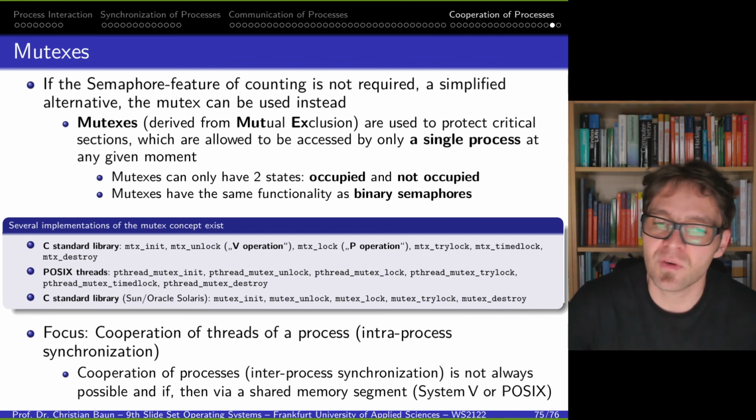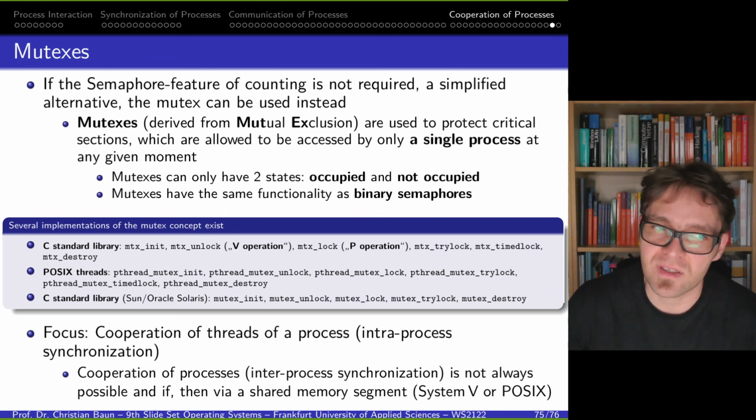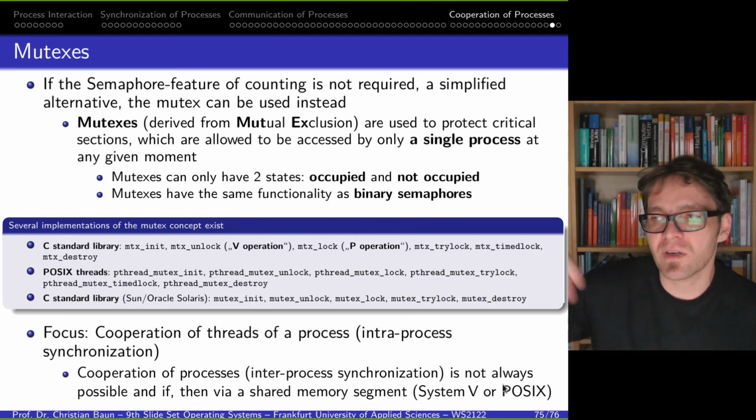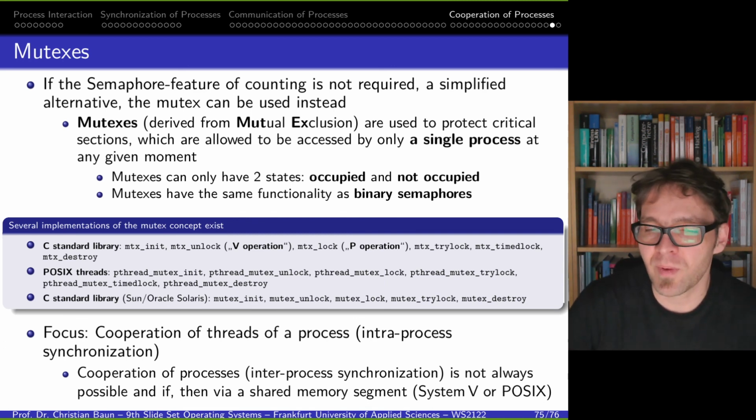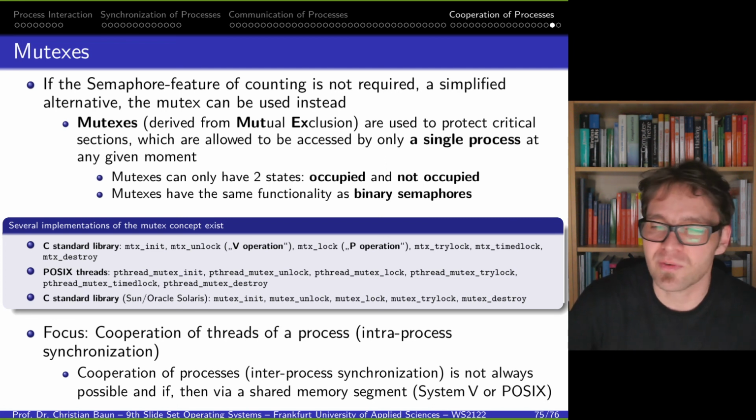It could be used when using System 5 or POSIX, but then you need to use an additional shared memory segment, and it's not nice to program with these things.